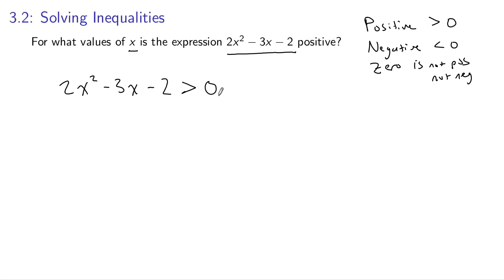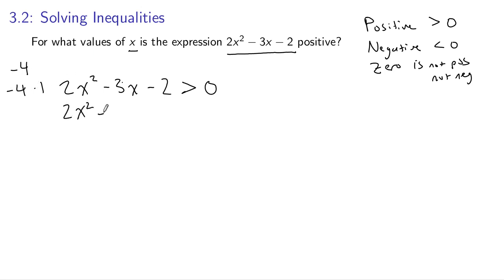So when is this statement positive? To figure this out, we need to factor the left-hand side. To factor it, we need to figure out what two numbers multiply to negative 4 (2 times negative 2) and add to negative 3? Well, minus 4 times 1 is negative 4, and minus 4 plus 1 is negative 3.